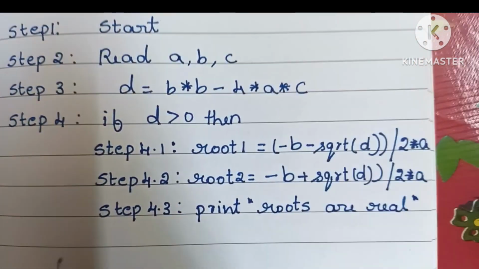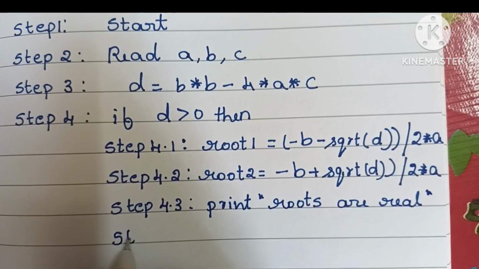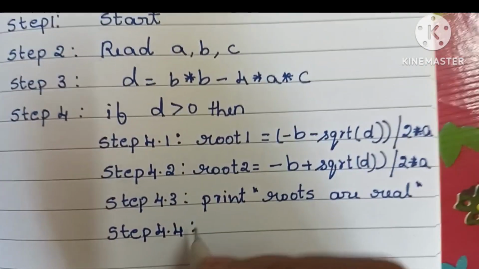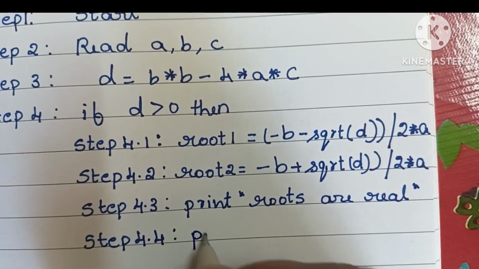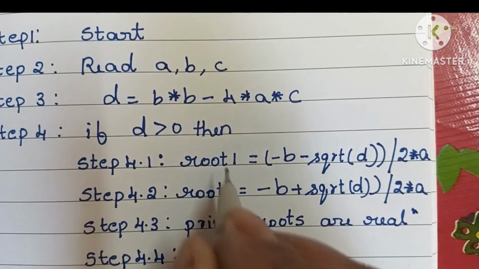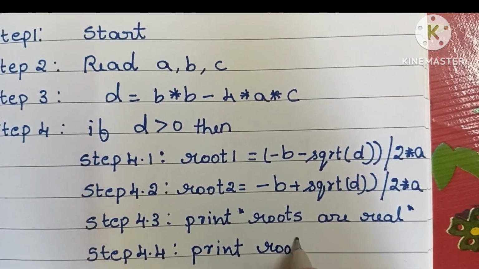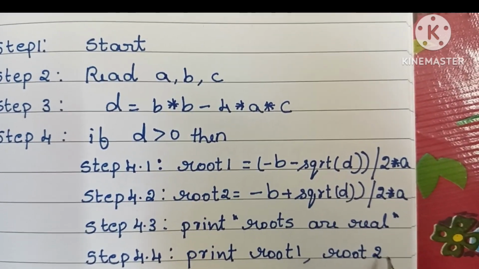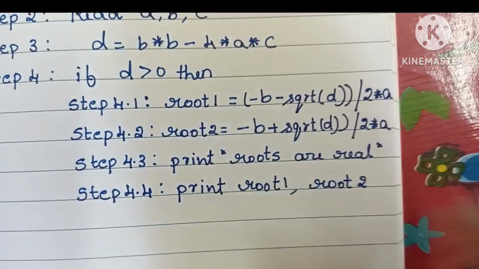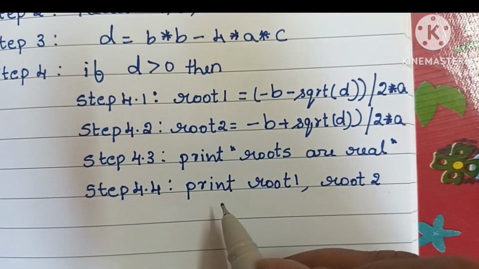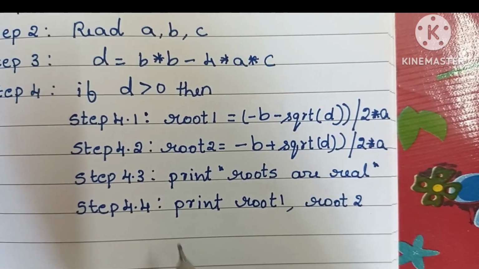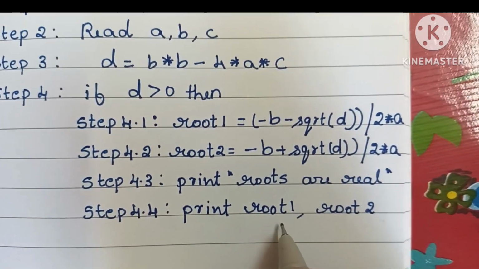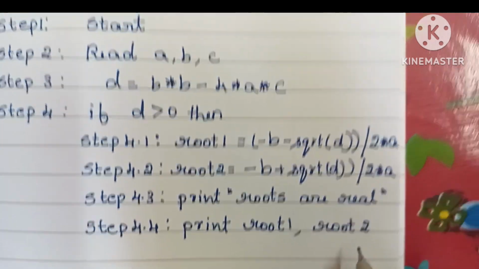In step 4.4, we have to print the root 1 value, comma, root 2 value. Got it? A quadratic equation has two roots, so here we have to print root 1 and root 2.